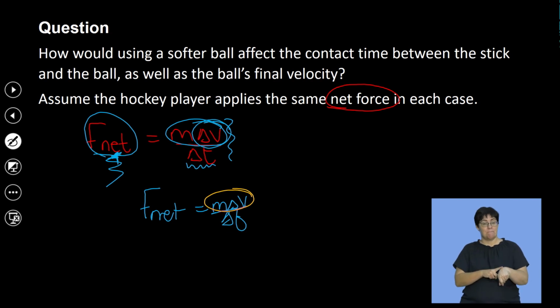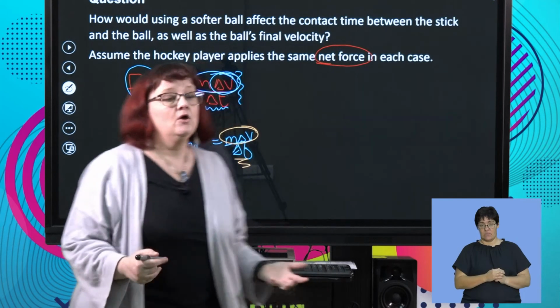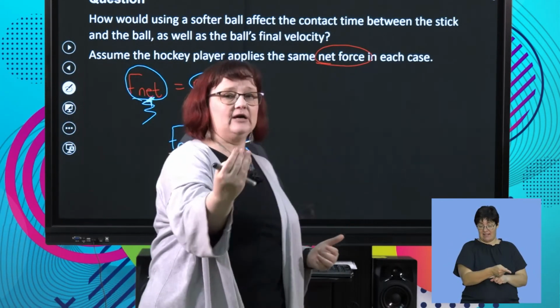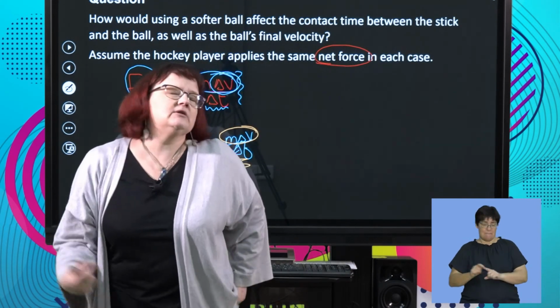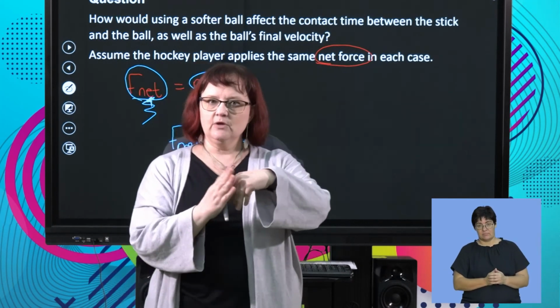But I'm making the time bigger, so I have the same number divided by a bigger number, which means the answer will get smaller. So with a softer ball, to get the same final velocity, I would have to exert a smaller force. Wouldn't need the same force because it's easier because of the contact time, okay?